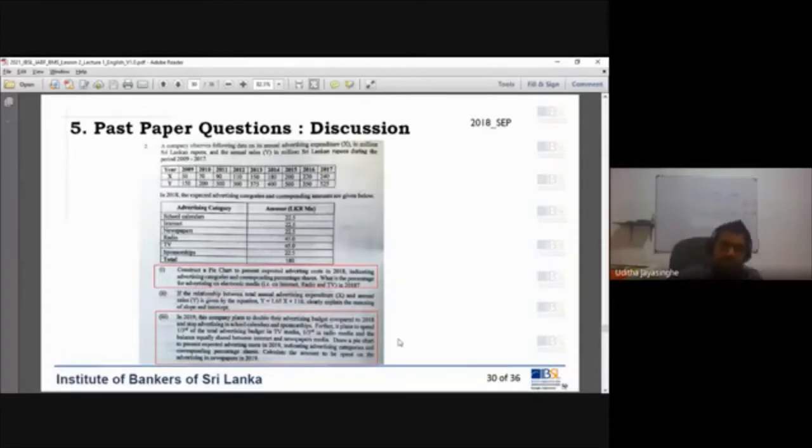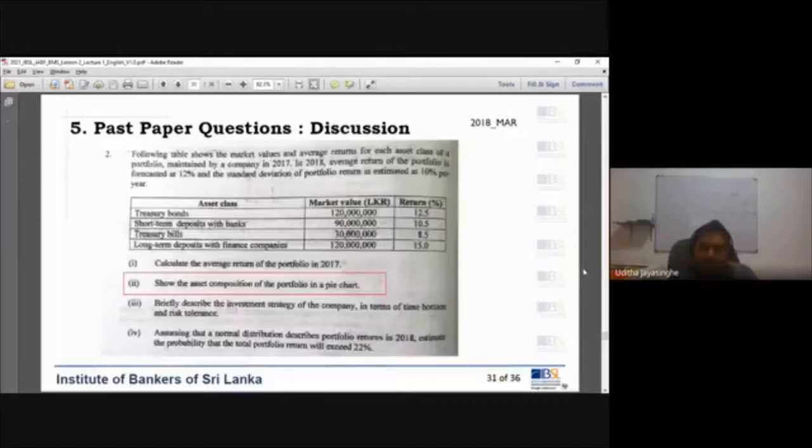The rest of the questions, I just want to show you quickly. Let's glance through them and see. 2018 March question number 2: show the asset composition of the portfolio in a pie chart.